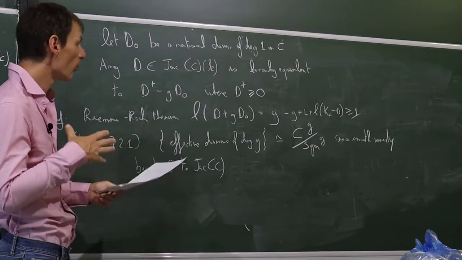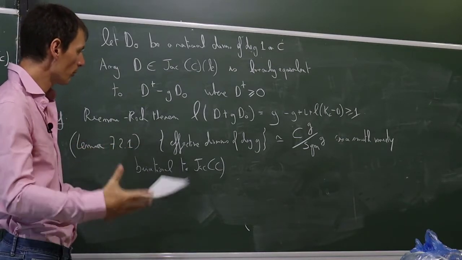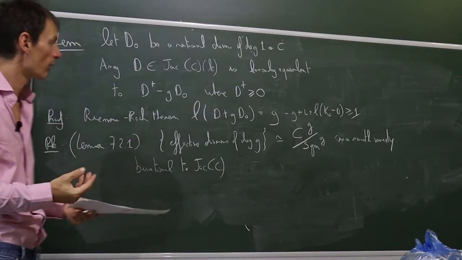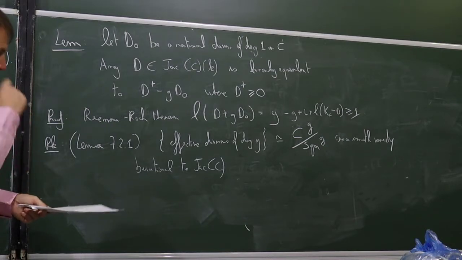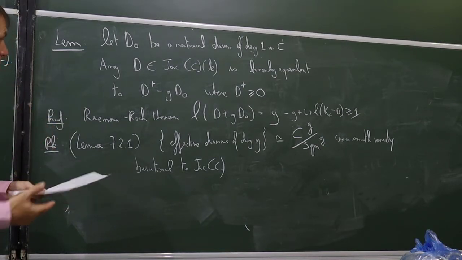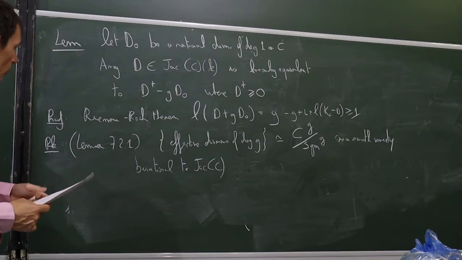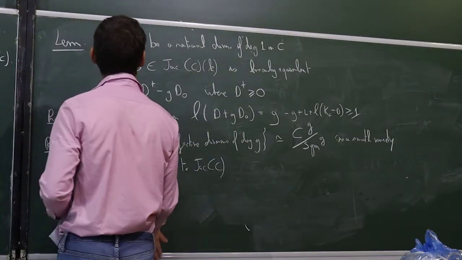So you understand almost all the geometry of the Jacobian with this quotient, but of course there are codimension 1 sets for which you need to be more careful. Okay, so that's one thing.